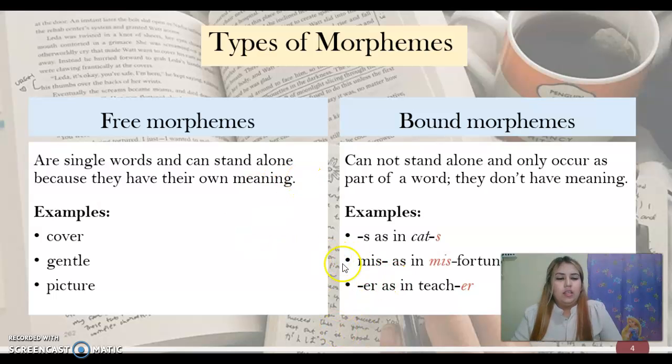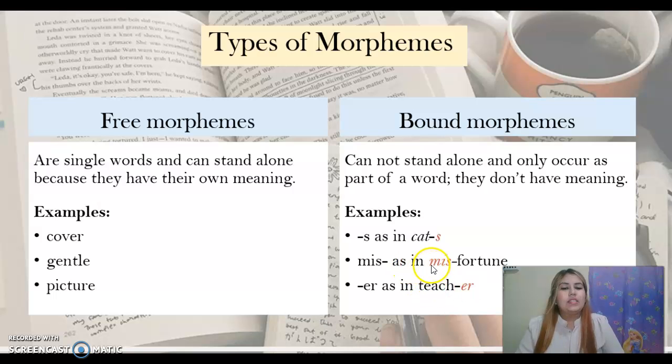It's the same in the next example, mis as in misfortune, okay? Er as in teacher. If you see er, for example, in a book, you won't understand what that means. But if you see it at the end of the word teach, yes, now it has a meaning, okay? And you already know those meanings.